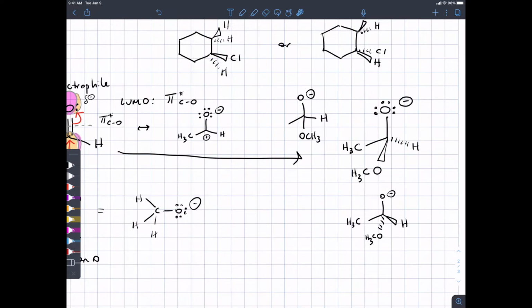All right, so the next thing we need to do is start to figure out relative reactivity. And you've asked, how do I recognize a good nucleophile? How do I recognize a good electrophile?